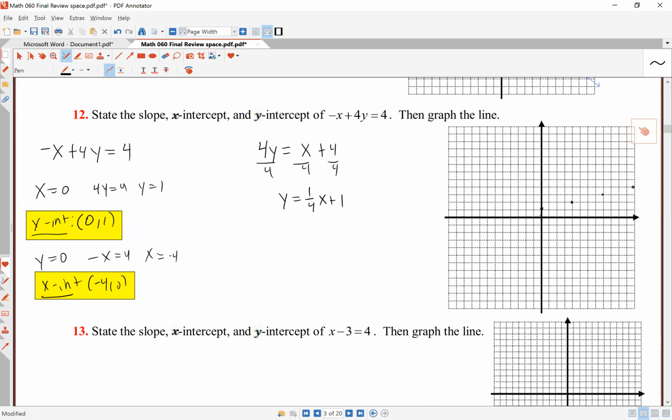Or we drop 1 and go left 4. Drop 1 and go left 4. Drop 1, left 4. So it said to state the slope, so we'll state it as m equals 1/4.